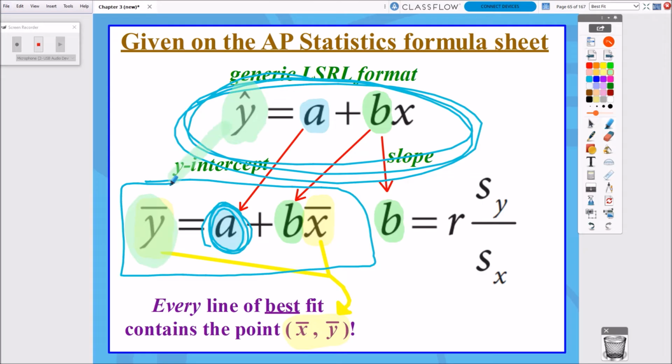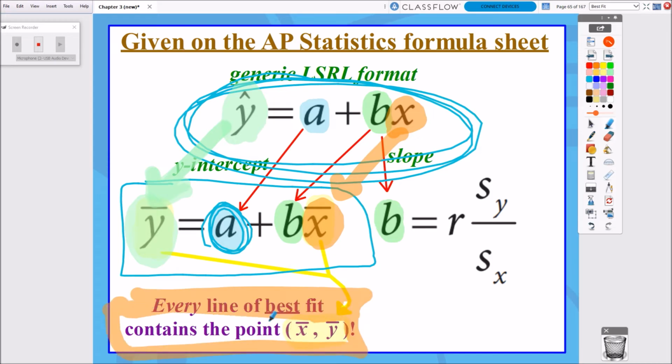So they're plugging in the mean of y into y hat, and they're plugging in the mean of x in for x. And that's true because of this little nugget of information that I mentioned earlier. Every line of best fit contains the point x bar comma y bar, the mean of your explanatory variable and the mean of your response variable.